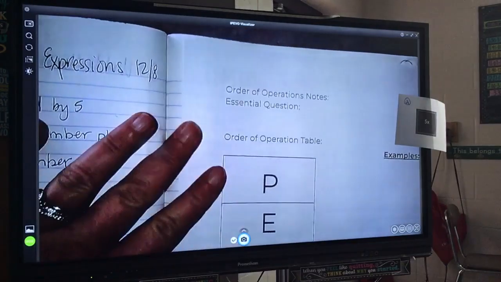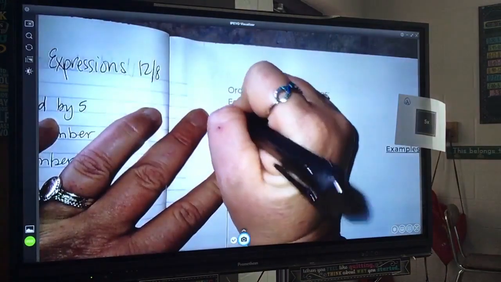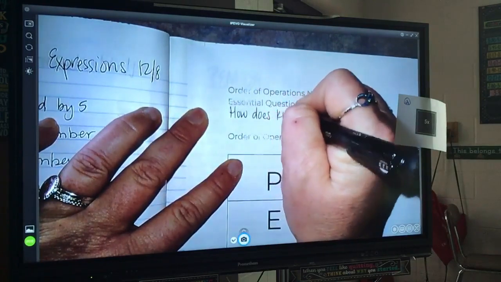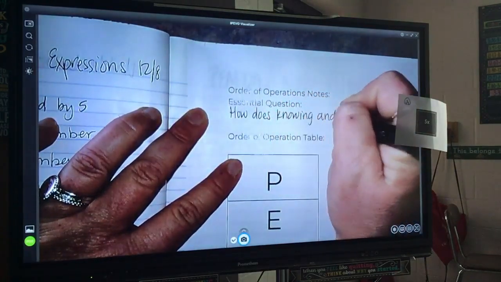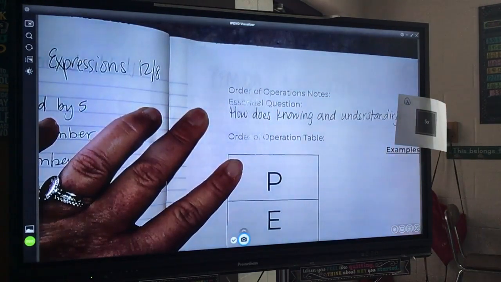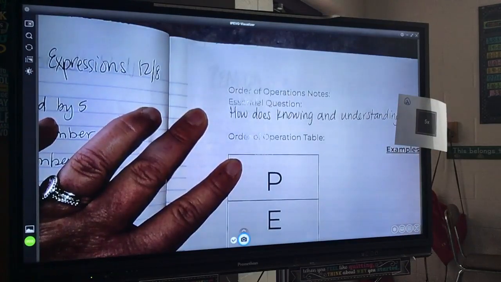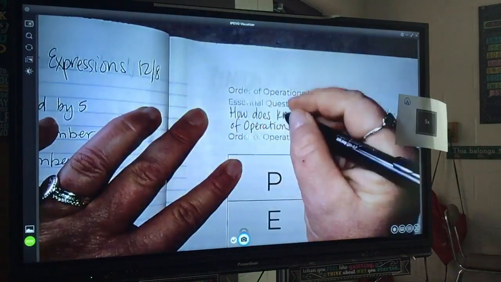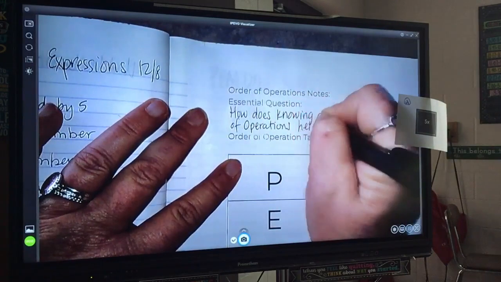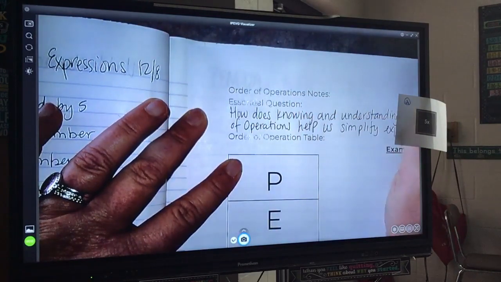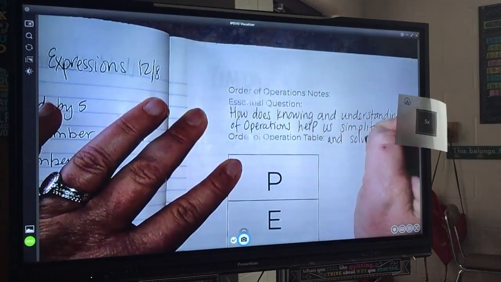Alright, so your essential question for today. How does knowing and understanding the order of operations help us simplify expressions and solve equations?